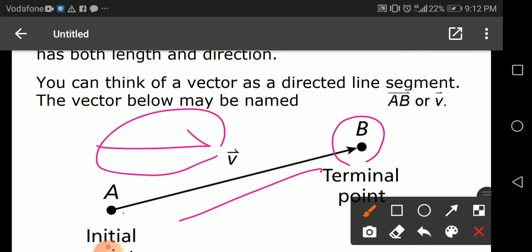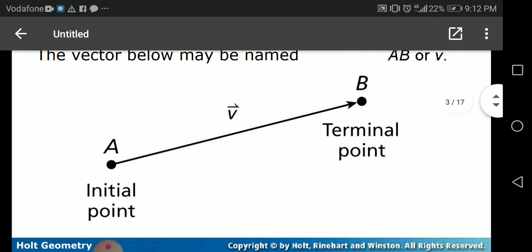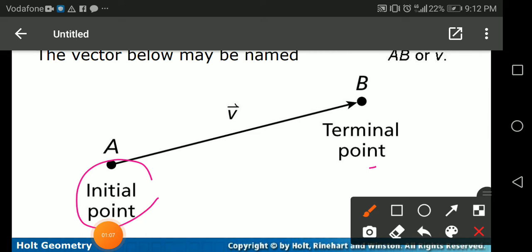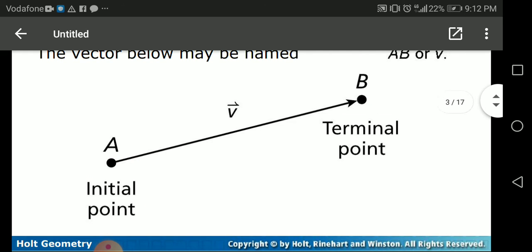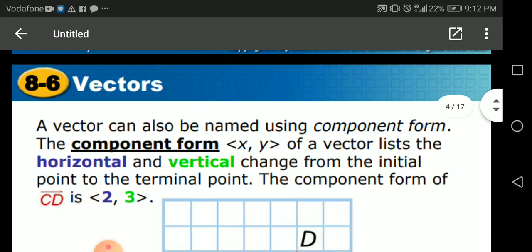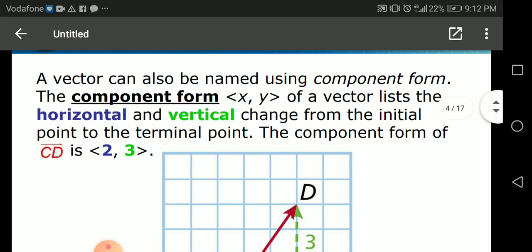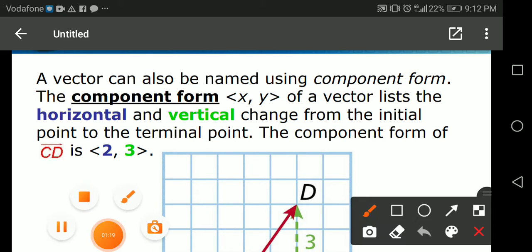It's like the arrow, as you see, or we can say V for the vector. We have an initial point and a terminal point. The initial point is where we start, and the terminal point is where we end, which has the arrow. The vector can also be named using the component form.